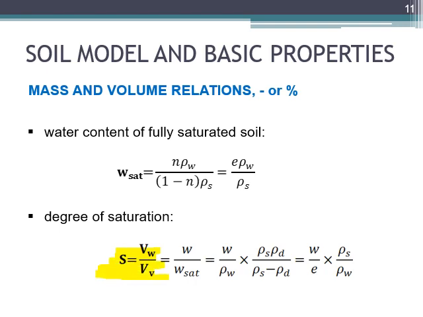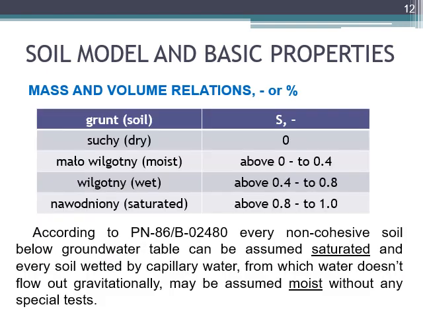So it is the ratio of the volume of water to the volume of voids. The saturation ratio can range from 0 to 1 or 0 to 100%. Now, depending on the value of S, the soil can be classified as dry, moist, wet, or saturated.